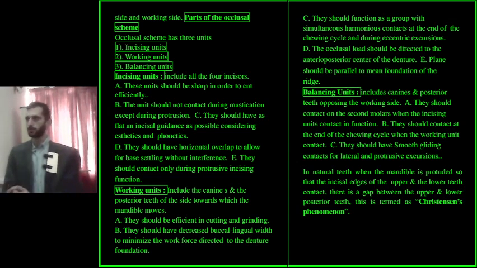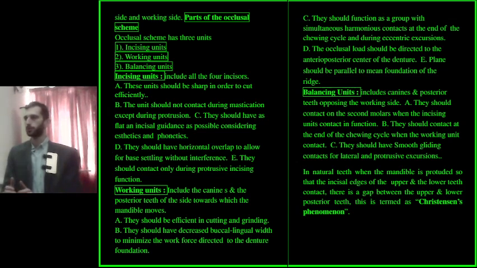Incising units include all the 4 incisors. A. These units should be sharp in order to cut efficiently. B. The unit should not contact during mastication, except during protrusion.